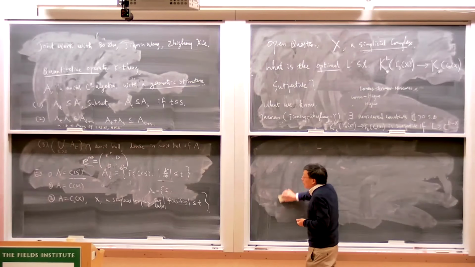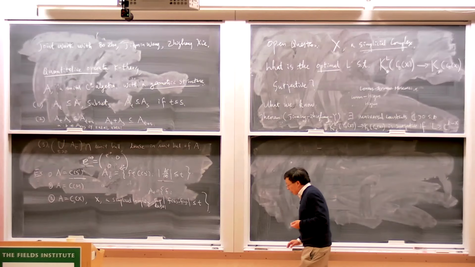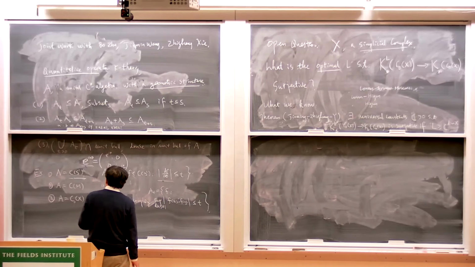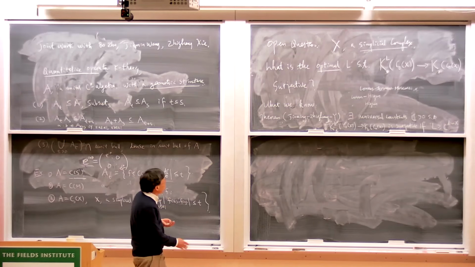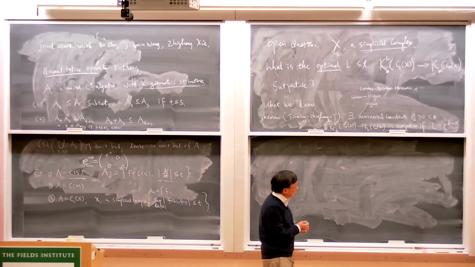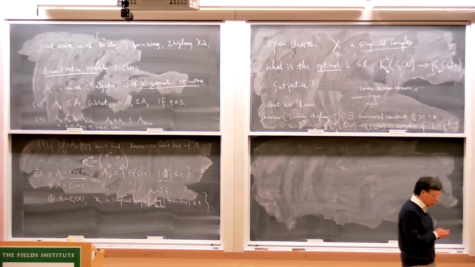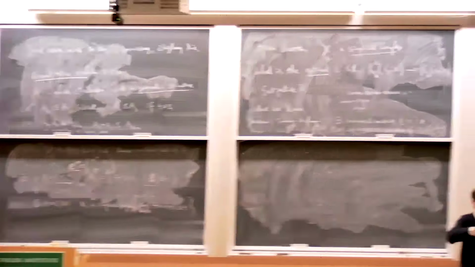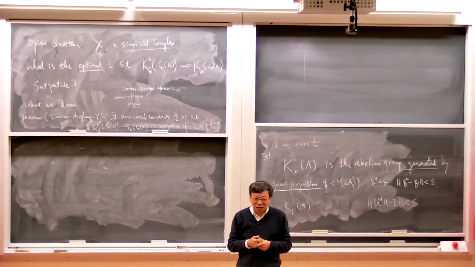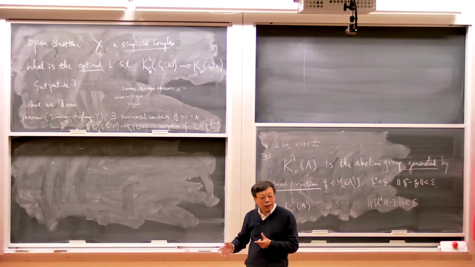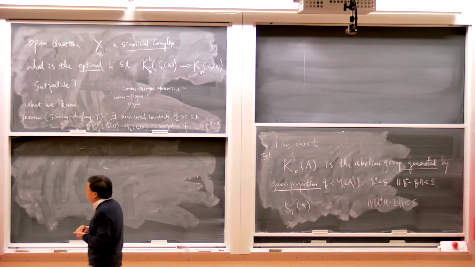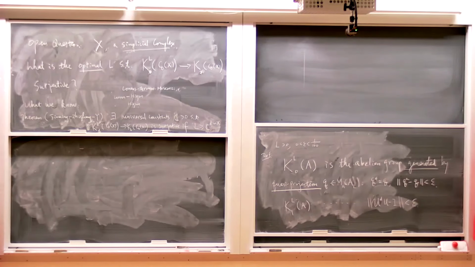So let me also say, before I move on, because I was learning a very interesting lesson from Alain. Alain was advertising the use of computers, and this theory can be computerized, because you don't need a space.